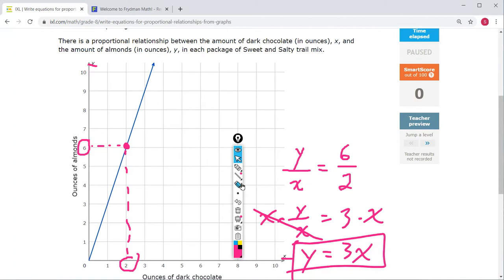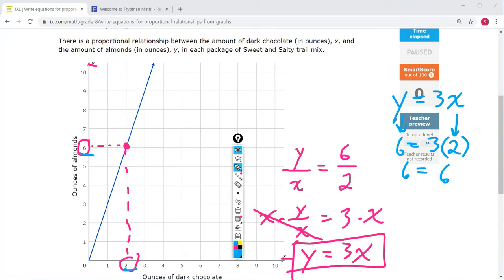So for example, we can take that equation, Y equals 3X, and plug in the 6 for Y and 2 for X. Then we get 6 equals 3 times 2, and 3 times 2 is 6, so we get 6 equals 6, so that works. And that would also work for other values.